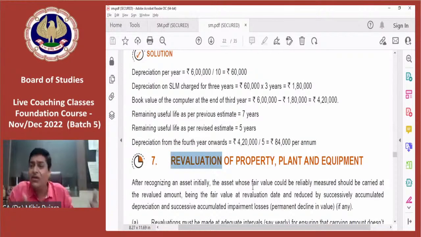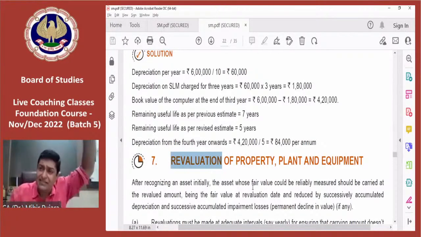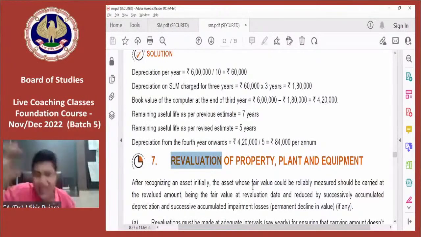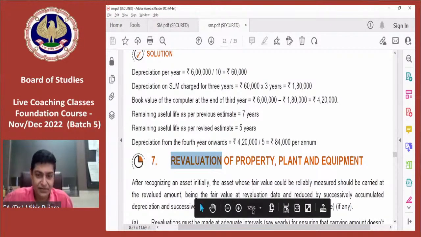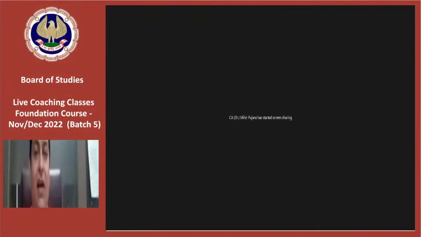We need to understand that after 6 years, my estimate was wrong. I need to rectify my estimate. Therefore, my depreciation will change. And such type of question has been asked. And how it is calculated, what is to be done, the small points are there that we are concluding now.